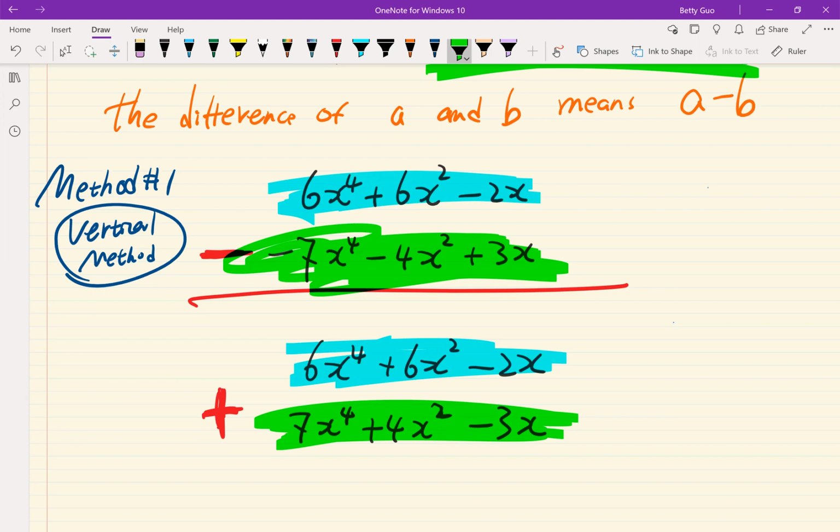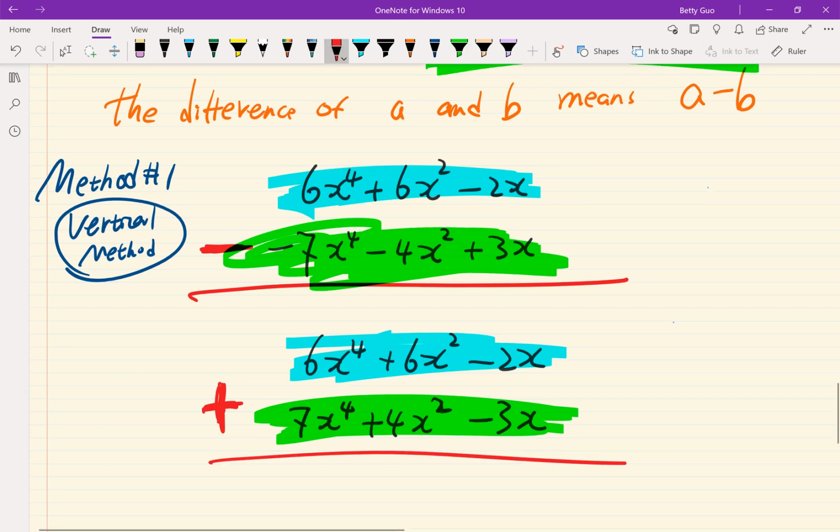And you do the addition. Like the earlier vertical method, right? Let's add them up. 6x fourth plus 7x fourth, 13. 6x squared plus 4x squared, 10, right? Negative 2, negative 3. Here we go. That's the difference.